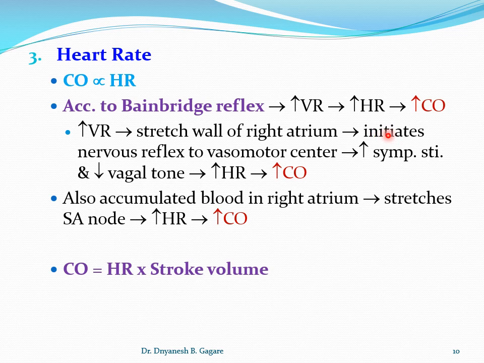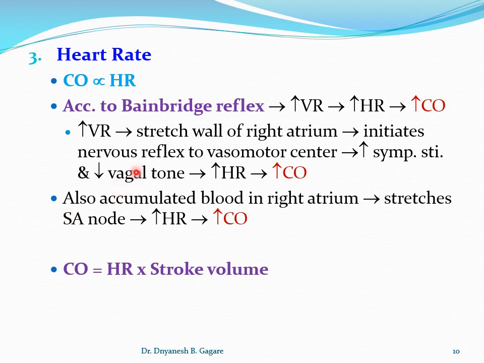It initiates this nervous reflex to the vasomotor center. There the vasoconstrictor area gets stimulated, and stimulation of the vasoconstrictor area in turn increases the sympathetic stimulation and decreases the vagal tone. So there is an increase in sympathetic tone and a decrease in vagal tone.